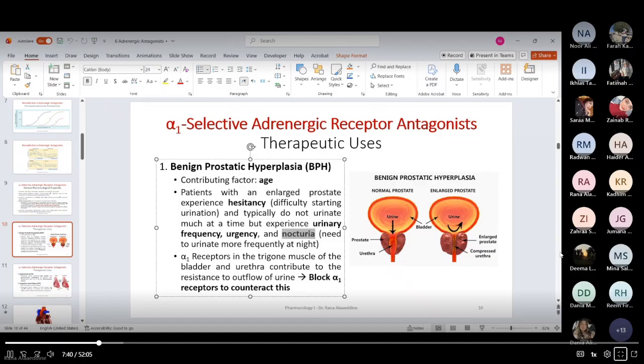Usually a normal person would not want to go urinate at night so many times, not 5-6 times a night. This is not normal. But patients with prostatic hyperplasia, yes, they might experience that. Okay, are the symptoms clear, you guys, and the pathophysiology?